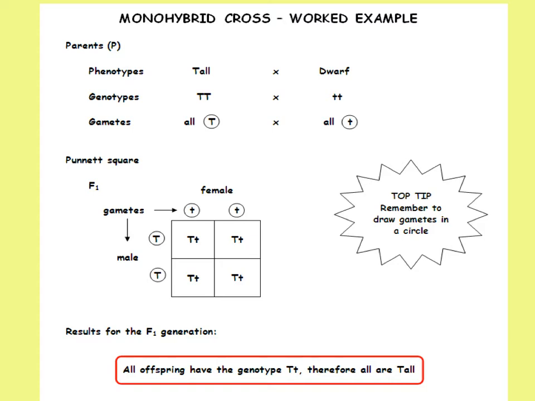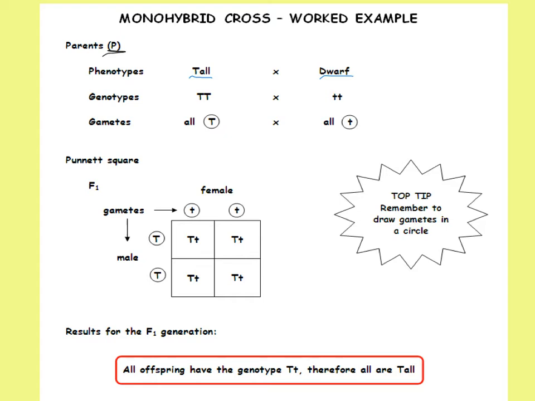Now this is looking at pea plants, and we're going to look, first of all, here are our parents. So the parents are often represented by the letter P, and the phenotype of the parents, in this case here, one of them is a tall plant and one of them is a dwarf plant. Now we know that when we're doing this cross, the parents are starting off as true breeding or homozygous.